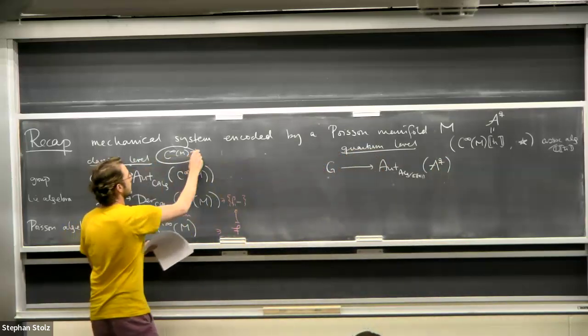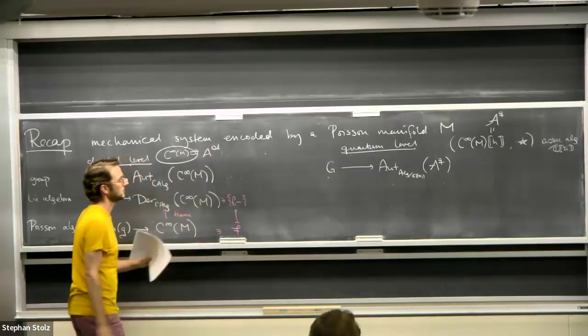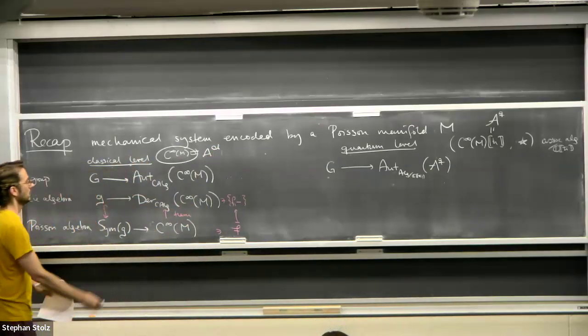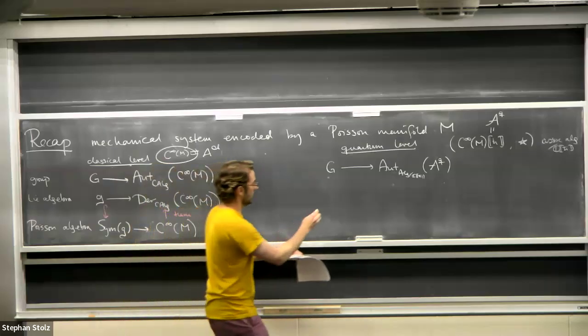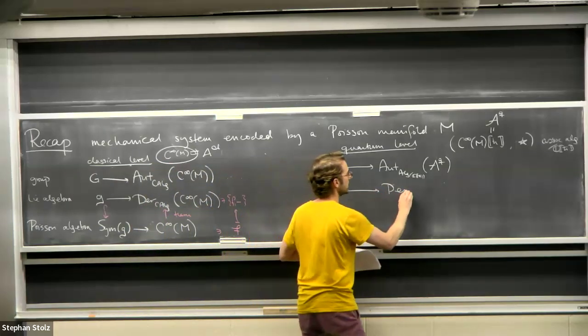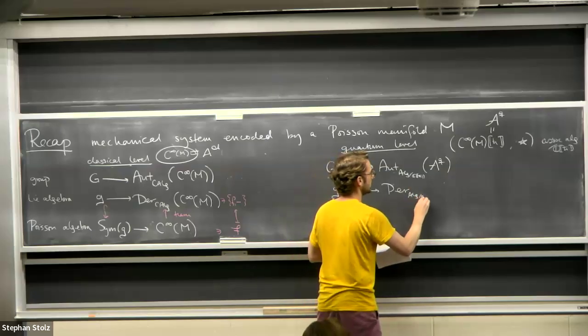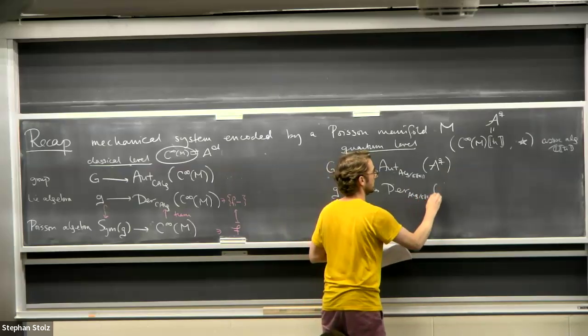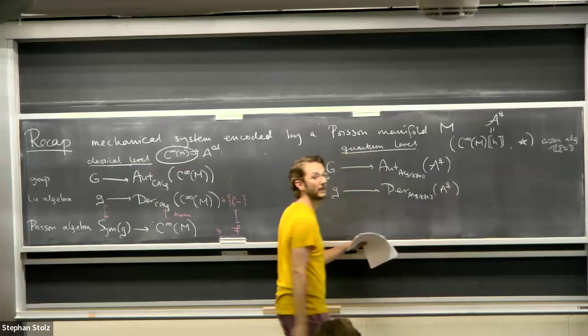So I guess this would be the classical. In the ideal case, g maps to derivations, as an associative algebra, of the quantization.